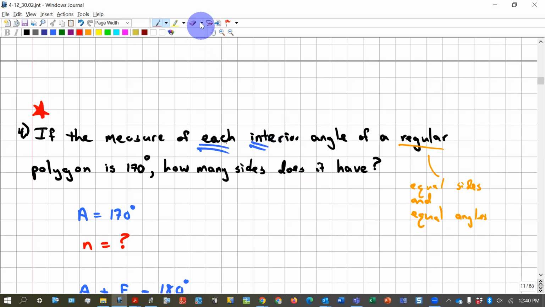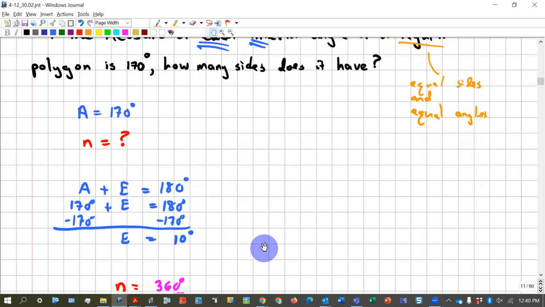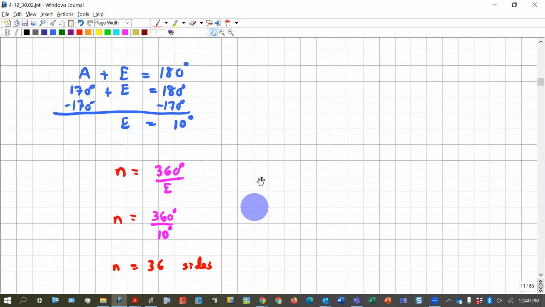If they give us each interior angle, the easiest way to find out how many sides it has is to first find out how big each exterior angle is. And once you know how big each exterior angle is, then you can find the number of sides.